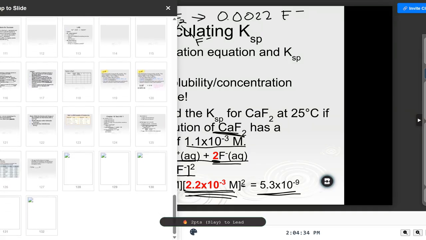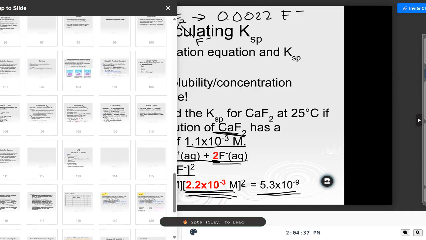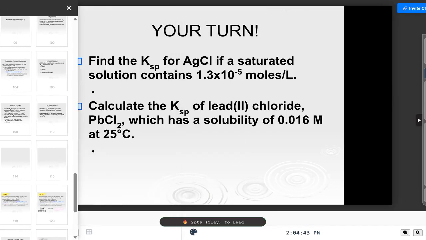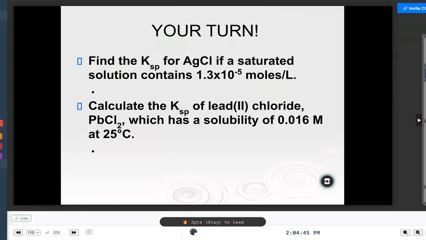Question, go ahead. So like when you double something, do you pay attention to the charge and double it based on the charge, or the coefficient? So you are going to pay attention to the coefficient, okay?